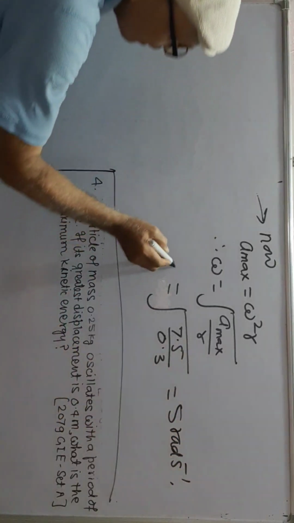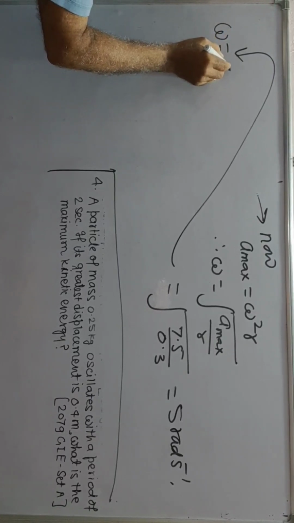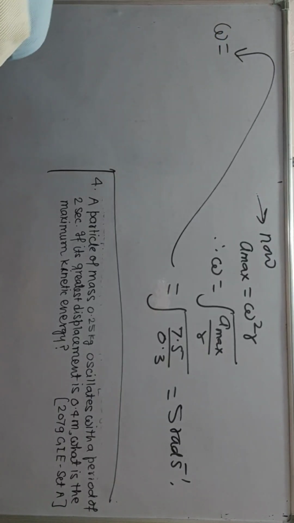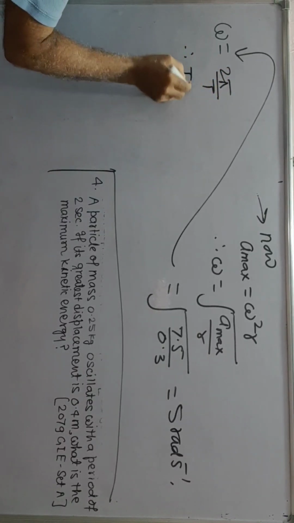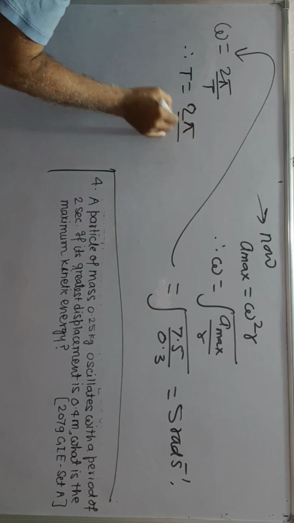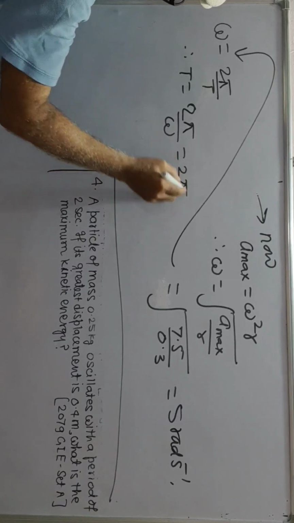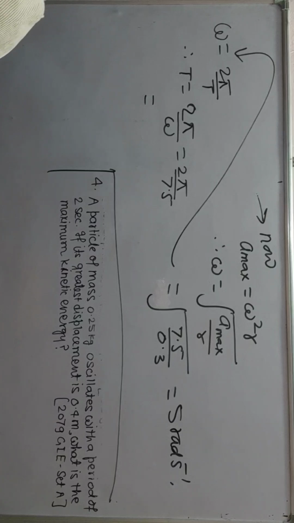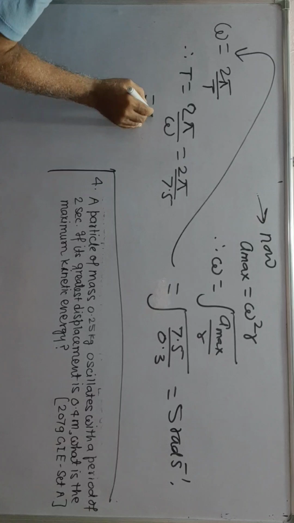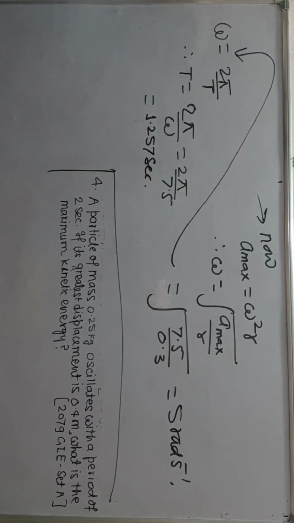Again omega is equal to 2 pi by T, therefore T will be equal to 2 pi by omega, which is 2 into pi upon 5, which gives a time period as 1.257 second.